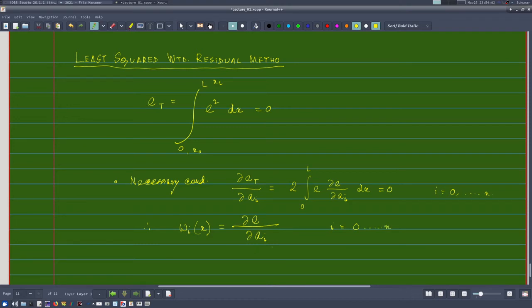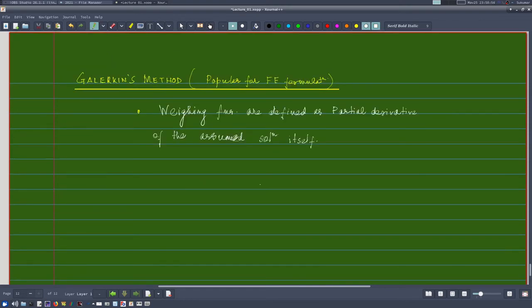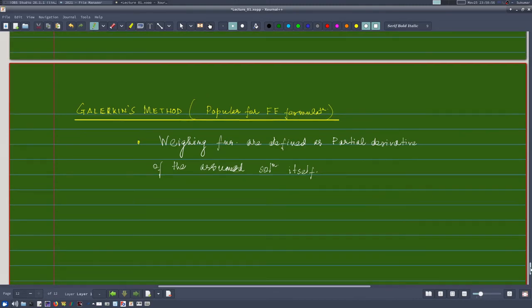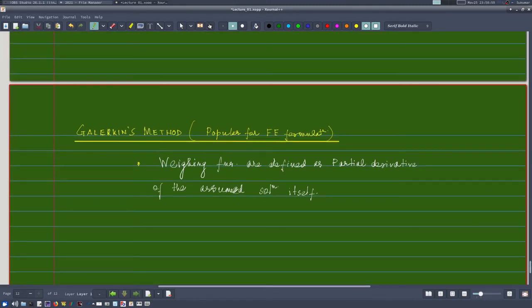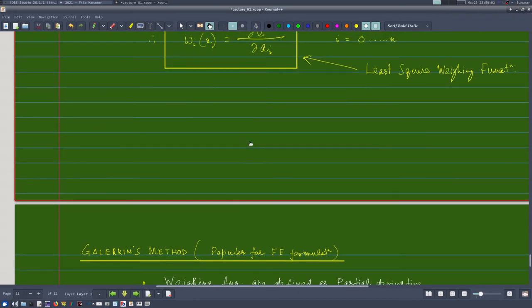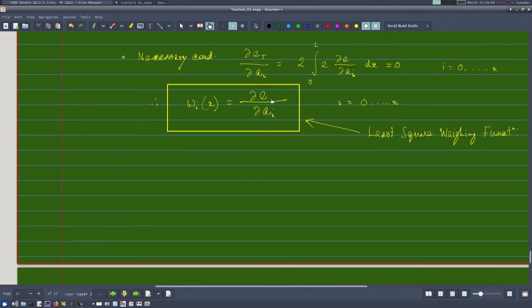So weighting functions are simply the partial derivative of the error terms with respect to those unknown parameters. In the least square weighted residual method, we have taken the weight function as the partial derivative of the residual with respect to the unknown parameters.